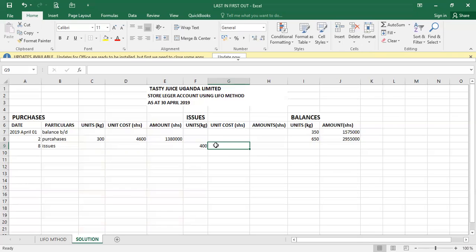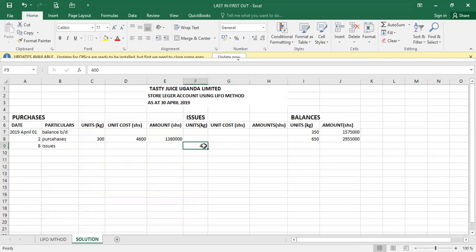So we said, since we are using LIFO, what we received last is the one we are supposed to issue out first. So we are supposed to first issue out the 300, because this 300 cannot accommodate the 400. So we shall first issue out the 300, then the balance will be picked from here.